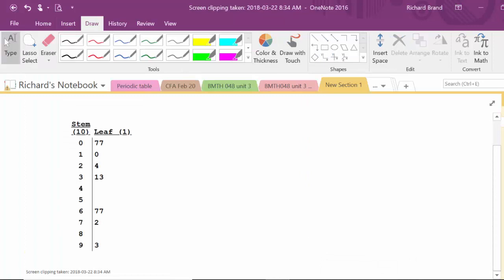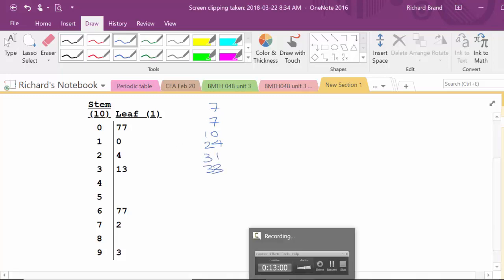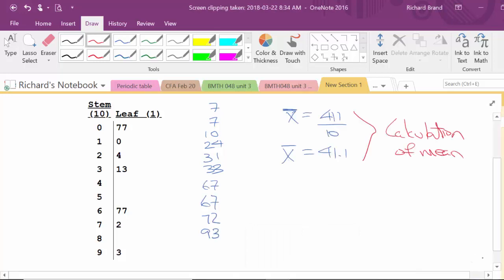So here's my data, here's my stem plot. And what I'm going to do is start writing down the numbers and rank them. So I'm starting with a 7, and then there's another 7, there's 10, there's a 24, and then there's a 31, 33, etc. I'm just going to write them down. So to calculate the mean, I take all these scores and I add them up.